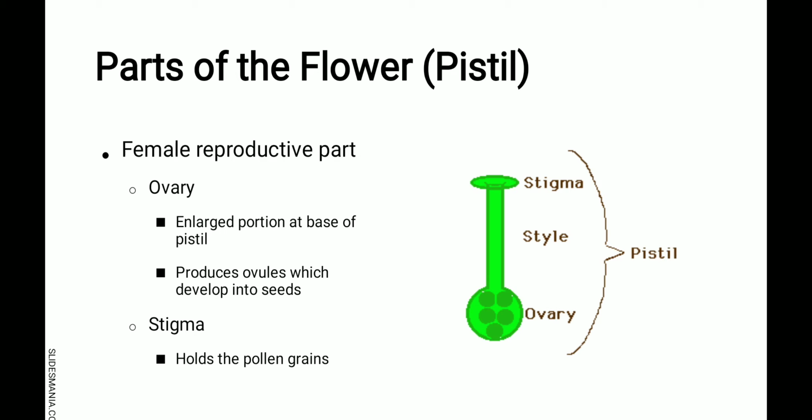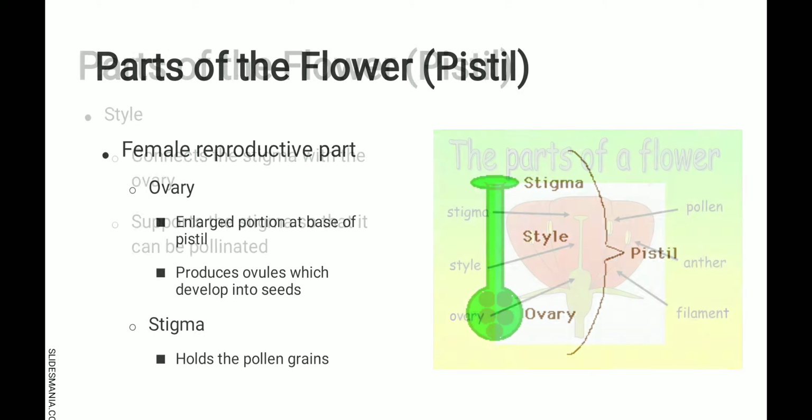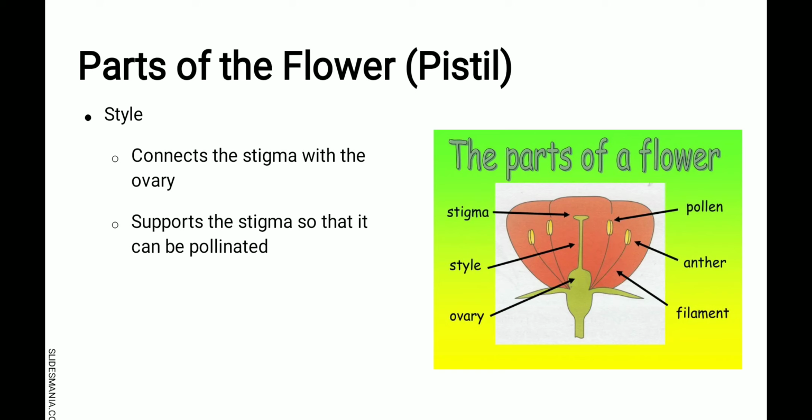If the pollinators attach to the stigma, the stigma holds the pollen grains that are traveled afterwards through the ovary. Next is the style. So style connects the stigma with the ovary, and it supports the stigma so that it can be pollinated.